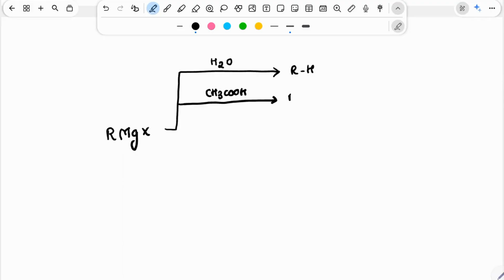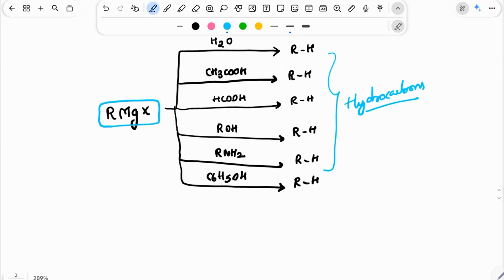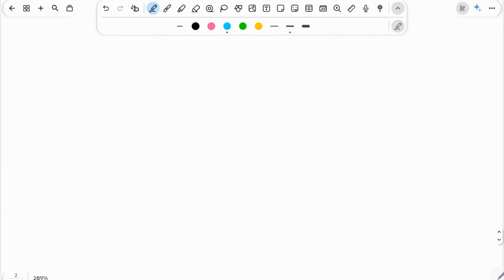It also produces H+, no? So we will get RH. Even formic acid, any carboxylic acid we take, we will end up with the hydrocarbon. Then I am taking alcohol. Apart from water, we can use any one of these and we will end up with the corresponding hydrocarbons. For this reason, we store the Grignard reagent in a dry ether medium.